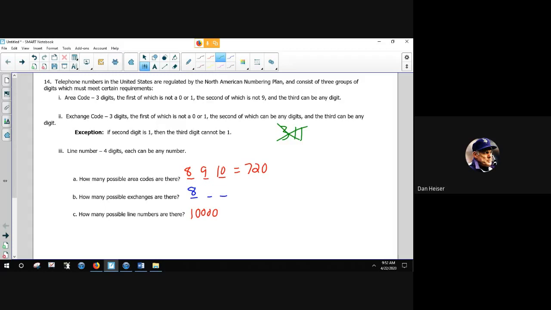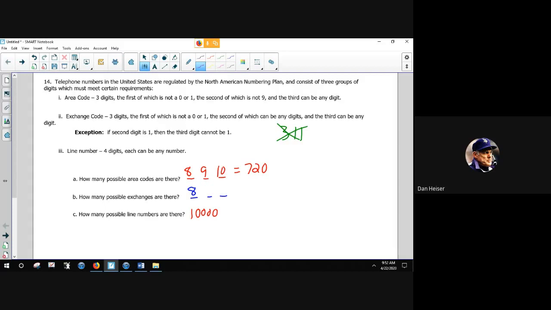So we need to look at this in 2 parts. What happens if the second digit is 1? And what happens if the second digit is not 1? Those have to be treated separately because the rule for the third digit depends on that second digit.